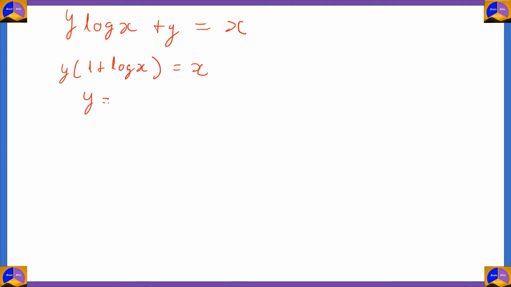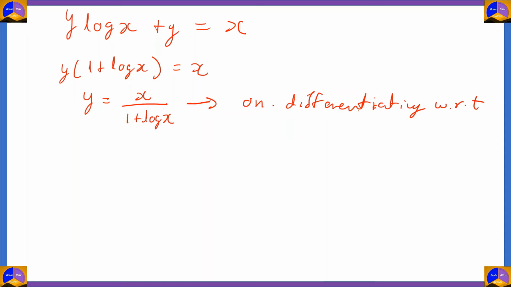And therefore we'll get y is equal to x divided by 1 plus log x. So over here, we do differentiation. On differentiating with respect to x, we will get on the left side dy by dx.